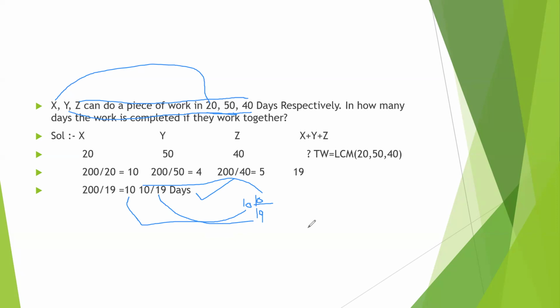This is about the first rule, where individual works are given and we find the combined work to do the same work, and then the number of days. This is the first rule in time and work.